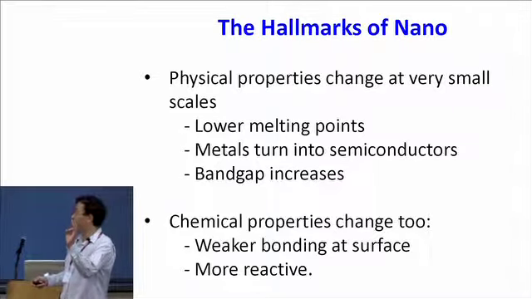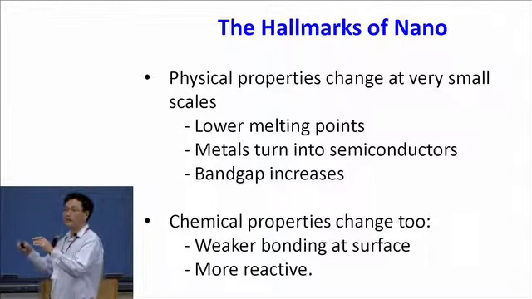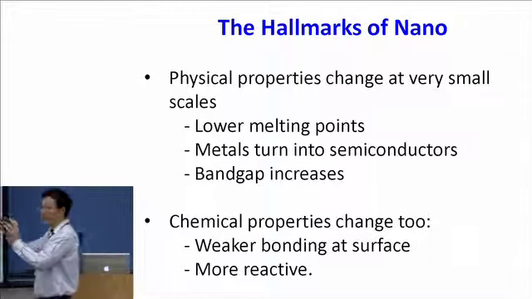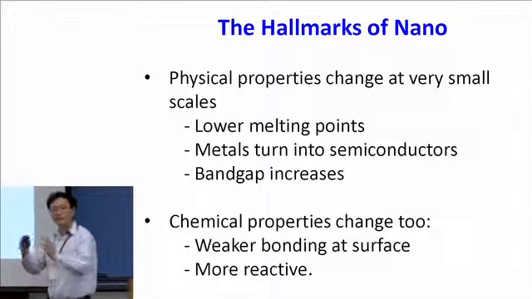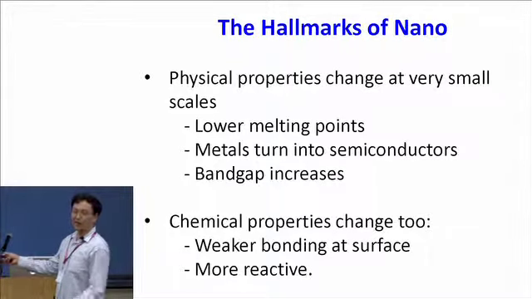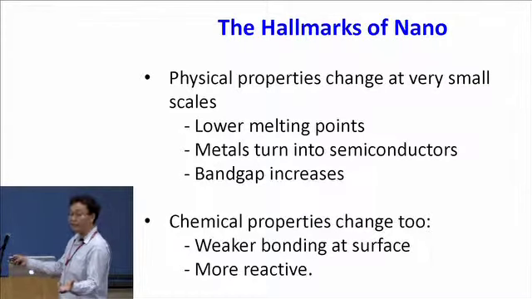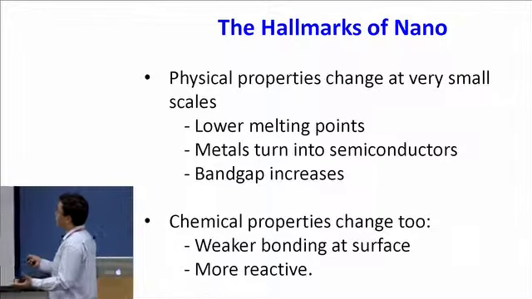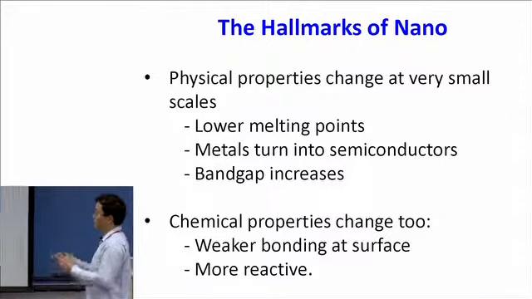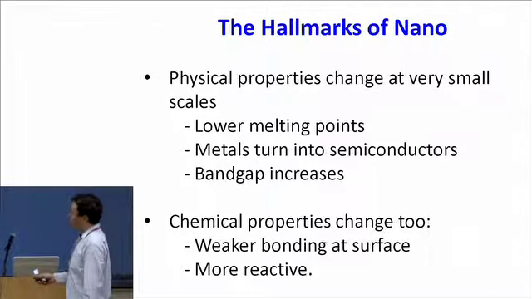So a tiny particle has a lower melting point than a big crystal, okay? Because atoms on the surface are easily mobile and they can melt much more easily. And metals can turn into semiconductors or insulators as they become small, and band gap increases. Okay, all of these are due to quantum mechanics, which I won't get into.